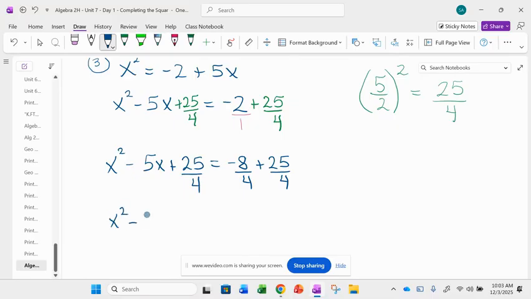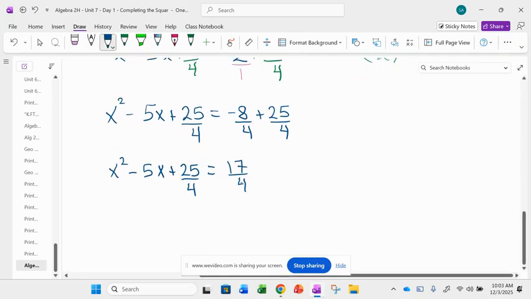So then we have x squared minus 5x plus 25 over 4 is equal to, what does it become? 17 over 4. Yeah. All right. So now I simplified that side as much as I can.